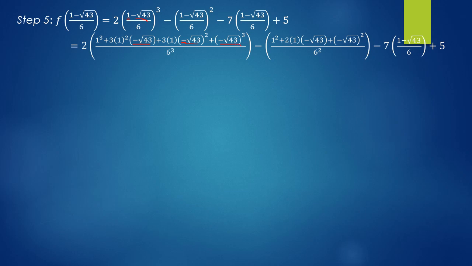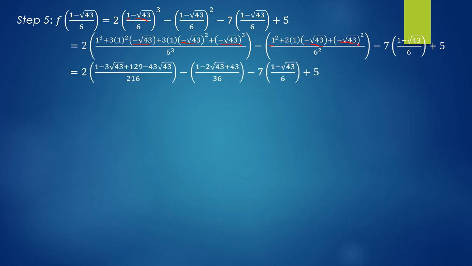Now the square of a binomial is a squared plus 2ab plus b squared. Okay, so evaluating the powers, of course, 1 cubed is 1, 1 squared is still 1. So 3 times 1 times negative square root of 43, that's minus 3 square root of 43.